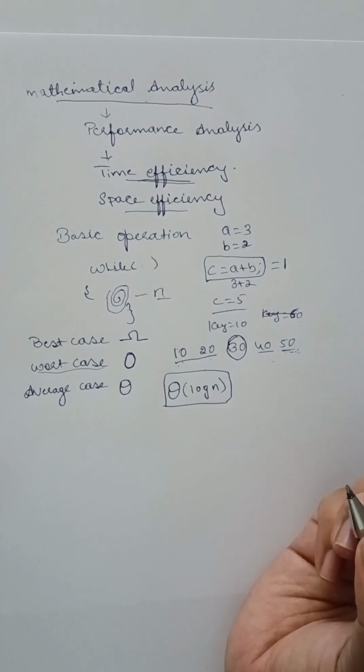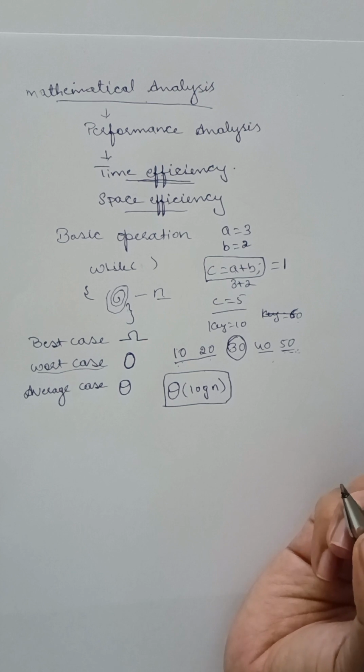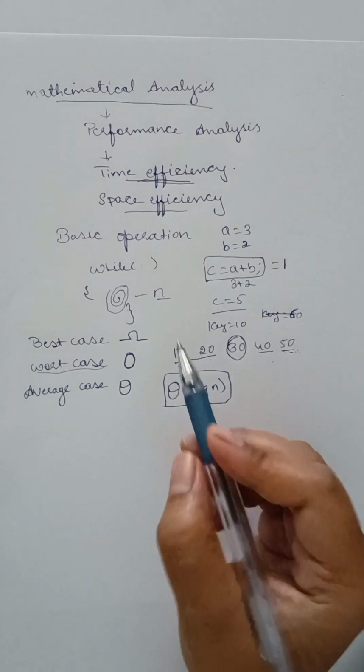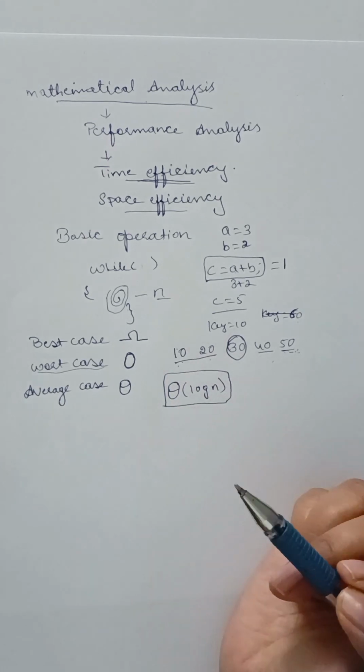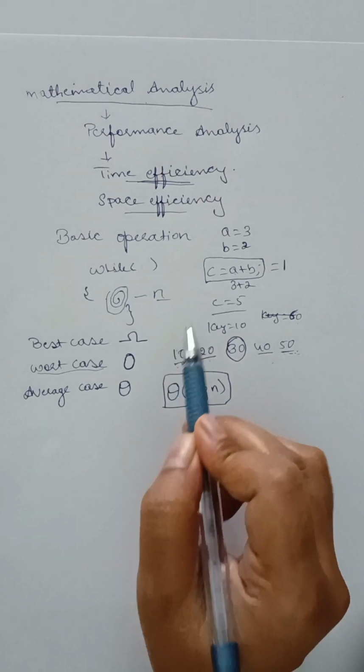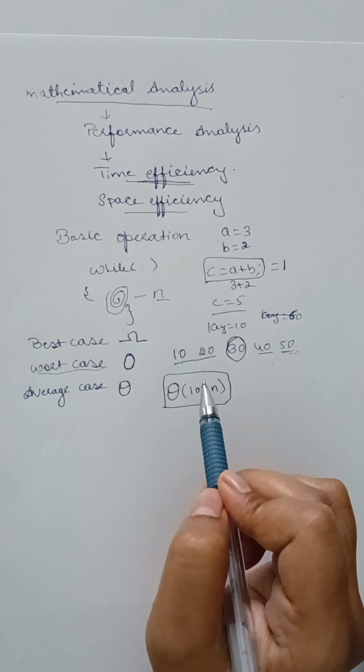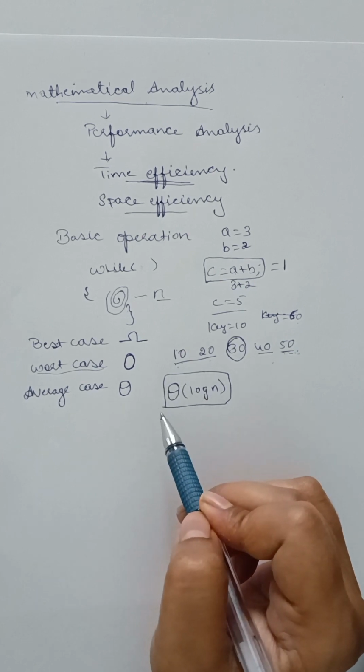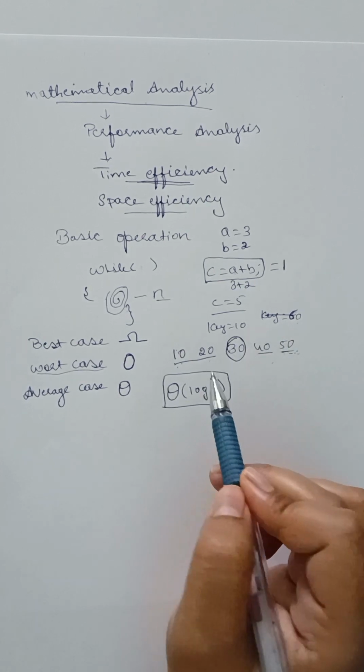So before calculating the mathematical analysis, we must know the basic operation, and then we must know whether the algorithm is in best case, worst case or average case. This is just an example I have given, that best case, worst case and average case depend on the problem statement.